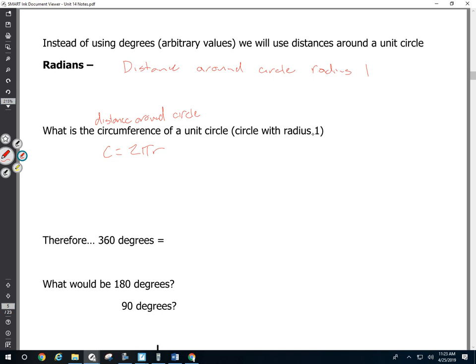Well, that means if you have a radius of 1, the distance around a circle with radius 1 is 2 pi. So this is the distance around a circle with a radius of 1.